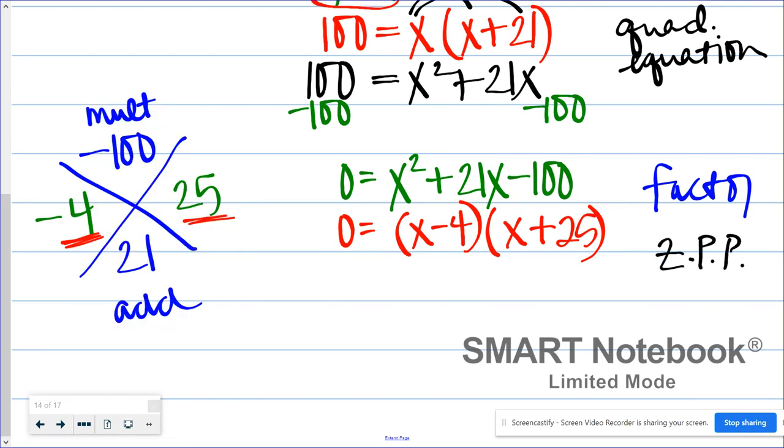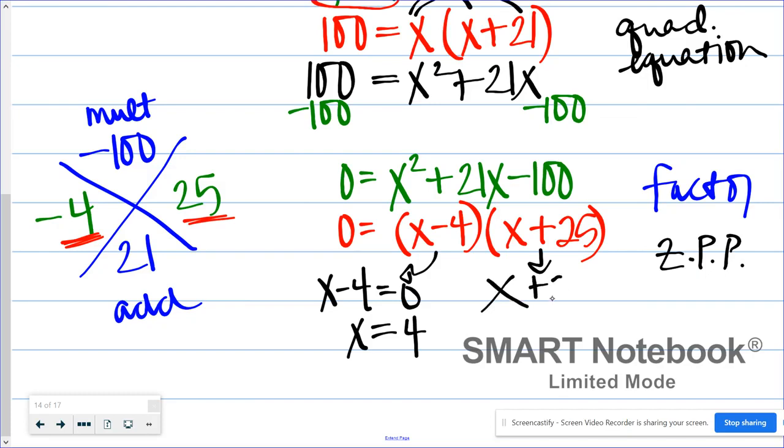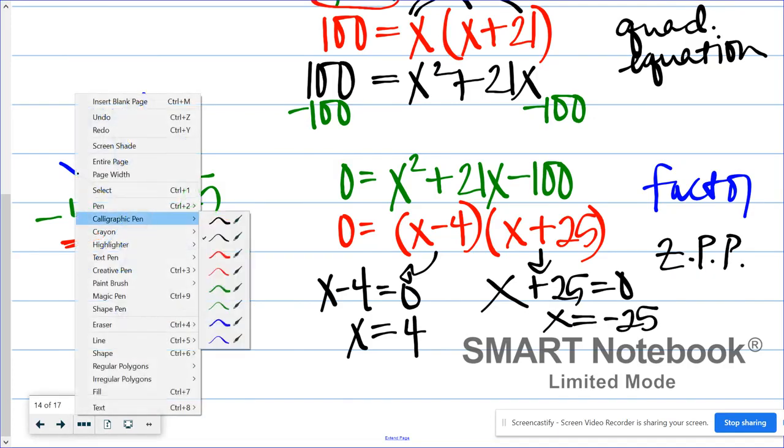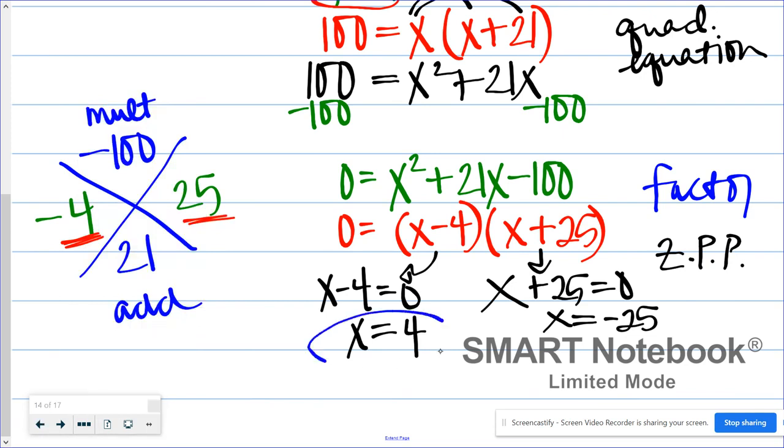The zero product property is where I take each factor and set it equal to 0 and solve for x, which can probably be done mentally with these two factors, okay? But still, I'm just showing you what I am doing in my head, because I know that you can't read my mind. At least I hope you can. Okay. So algebraically, I have two solutions here. I have x is equal to 4, and I have x is equal to negative 25.